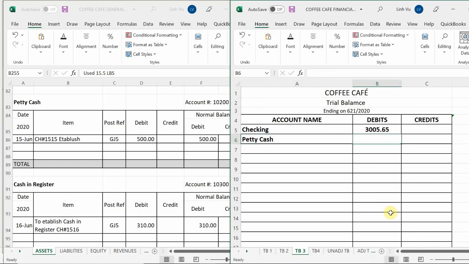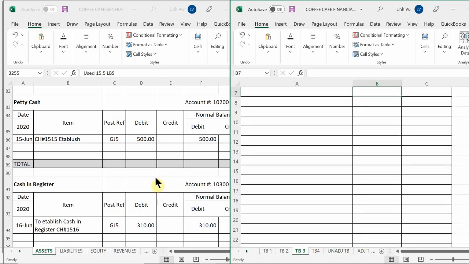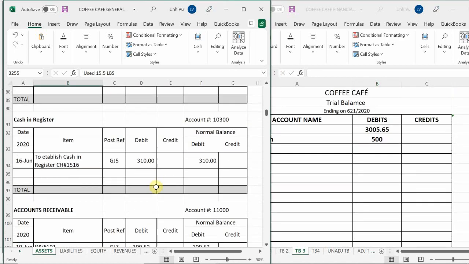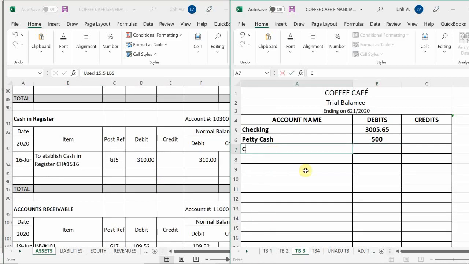Petty cash, 500. We got cash in register, 310. Okay.